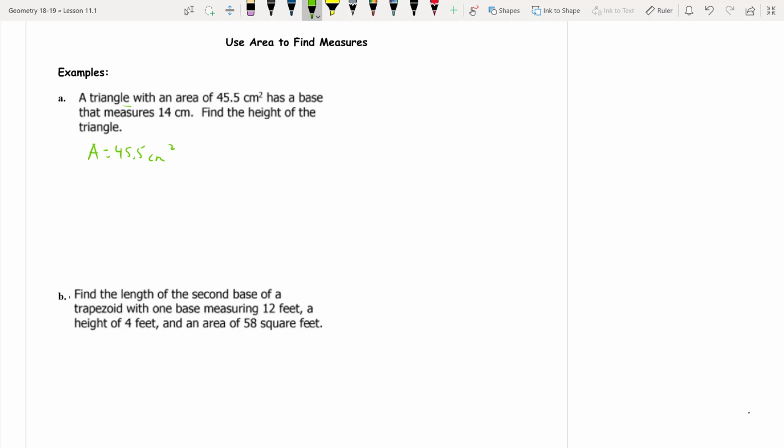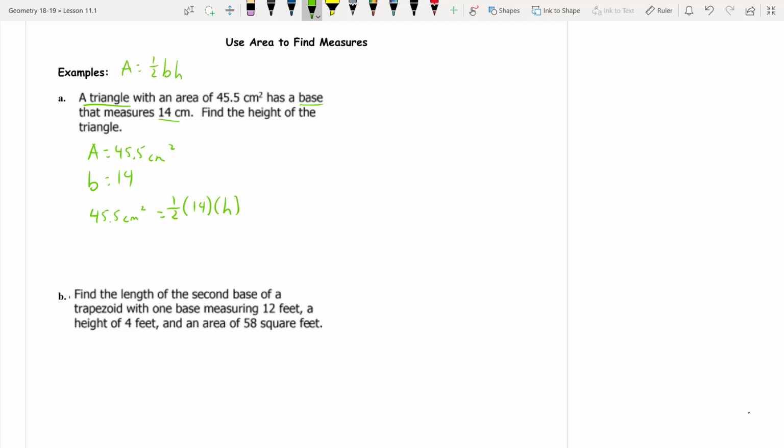And it says triangle, so we can say that area equals 1/2 base times height from our chart. And it tells us that our base is 14 centimeters. So I can plug in, using the information that I was given, base of 14, so I can say 45.5 centimeters squared equals 1/2 times 14 times my height.